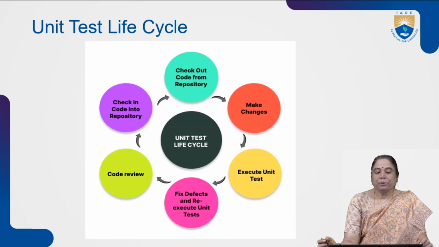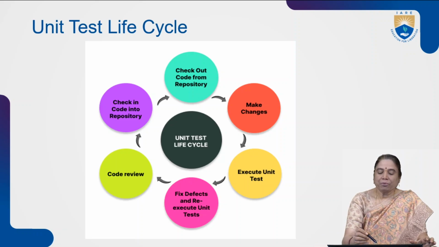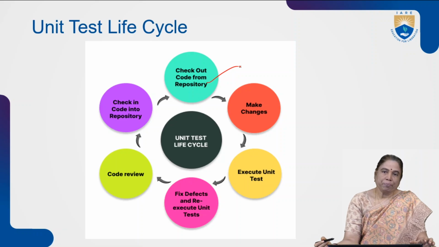The unit test life cycle starts with checking out the code from the repository. The code is developed by the development team. Whether that code is available or not must be verified. That is the origin of the unit test life cycle.